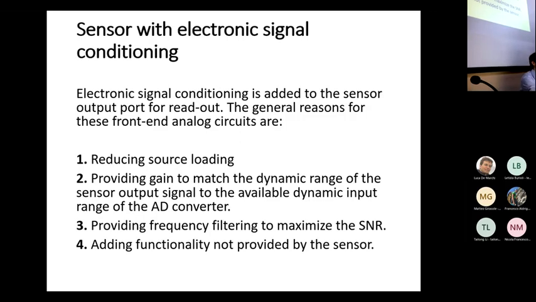Before that, we may need some kind of filtering for basically two reasons. First of all, to avoid aliasing when performing the sampling. And then also, when we know that the signal is confined in a specific spectral region, we may exploit filtering to maximize the signal-to-noise ratio.